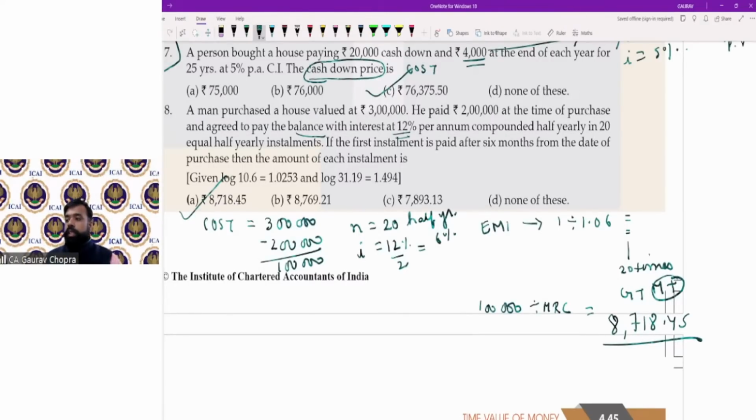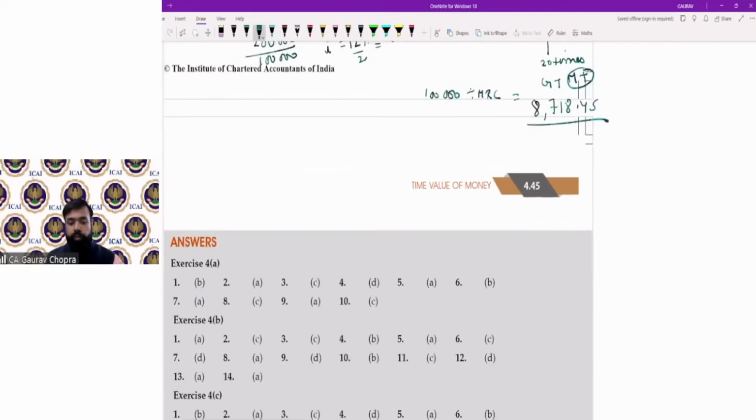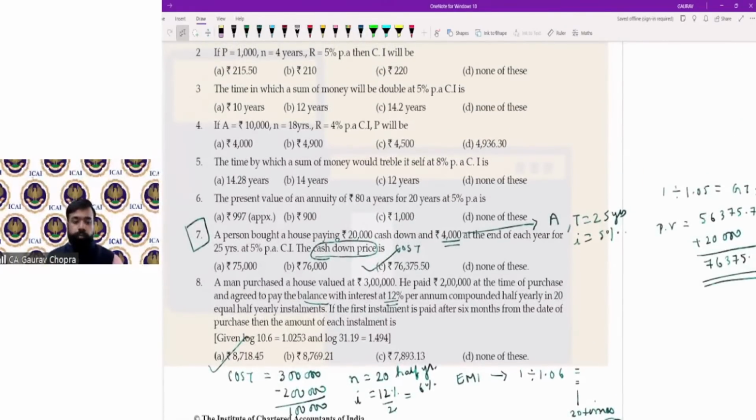So Komal has given the answer and Anshika has also given. This is your correct answer. Om Gupta has also given the answer.